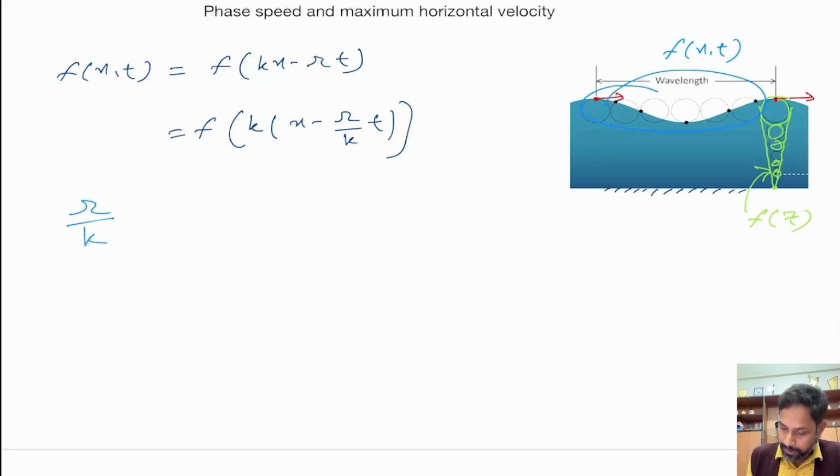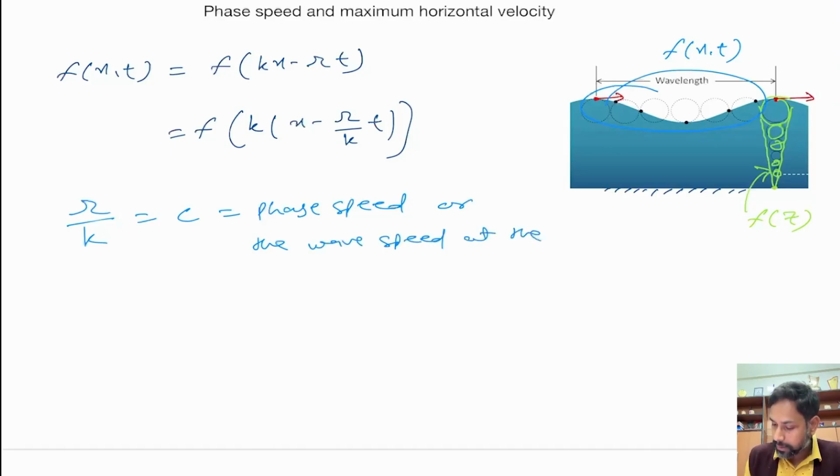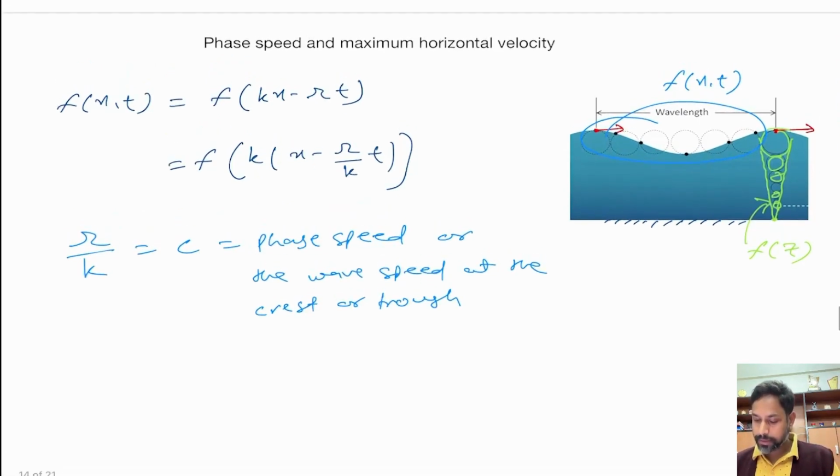This omega by k is known as c, that is the phase speed, or the wave speed at the crest or trough. Okay, so this phase speed obviously depends on other parameters like the water depth, etc.